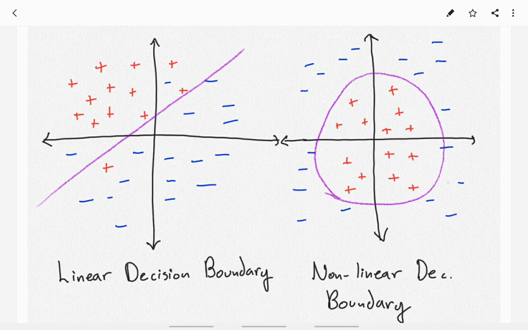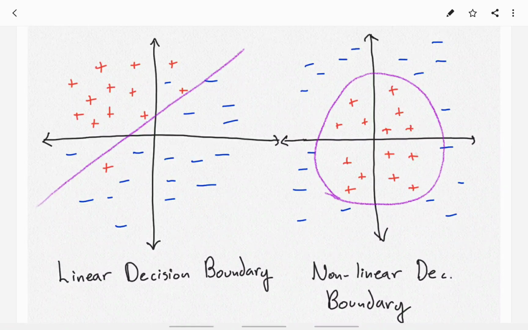But if we saw a data set on the right, where the pluses are concentrated toward the origin and the minuses are away from the origin, then we would want some sort of nonlinear decision boundary, represented by the purple line here, where everything outside of the decision boundary would be labeled as a minus, and everything inside would be labeled as a plus.